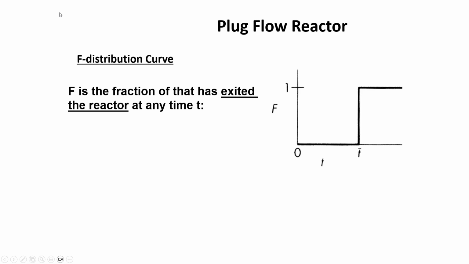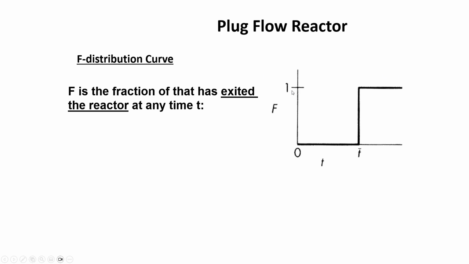Okay, so we talked about C curves. Now here's an F curve. In a plug flow reactor, an F curve is going to show like this. So an F is the fraction of the tracer that has exited the reactor at any given time. So if it's an ideal plug flow reactor, it would be that none of it has exited, and then all of a sudden 100% of it has exited.